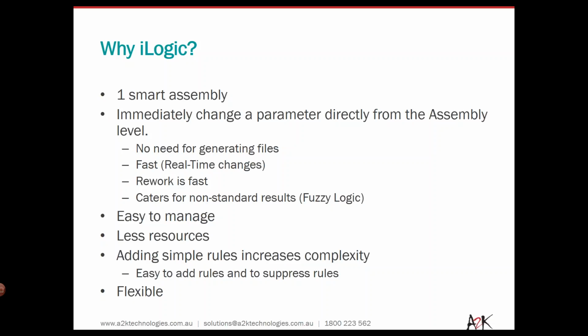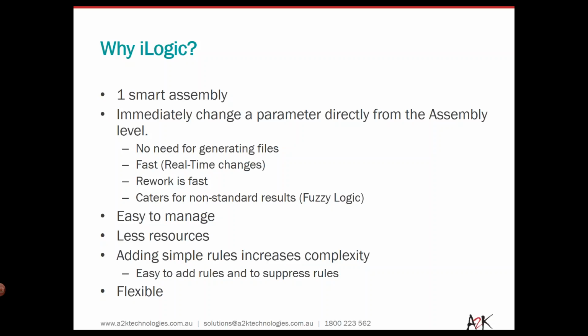So if you have a table-driven iAssembly, you're having to explicitly define each configuration. So if you go outside the bounds of that, you'll have to regenerate all of the parts and all the results.